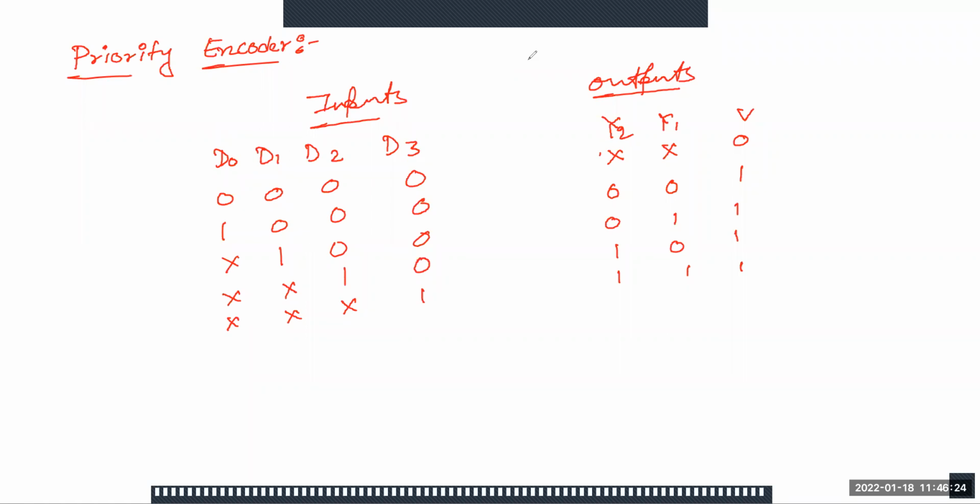When D0 is the only input that is 1, we are only considering the corresponding outputs Y2 and Y1, and the rest I will tell you about, that is V. For D3, which has the highest priority, when the input is 1, the output Y2 Y1 is 1 1.